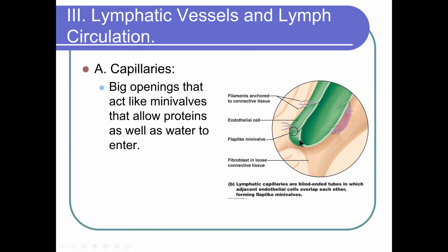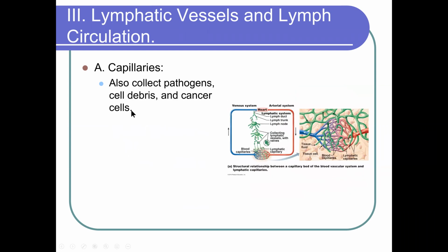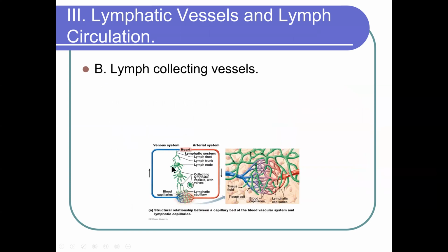They are very leaky, so fluid and cells, fluid and viruses, fluid and cancer cells can come into the lymphatic system. They allow proteins and water in through these leaky parts. Collagen fibers attach to the surrounding structure to allow the valves to open. They also collect pathogens, which could be bacteria, they collect cancer cells, and they collect cellular debris.